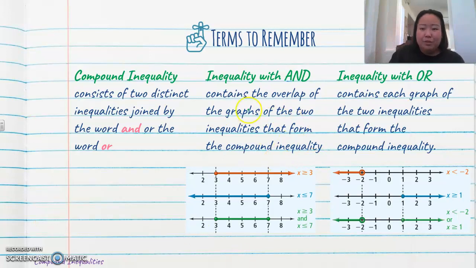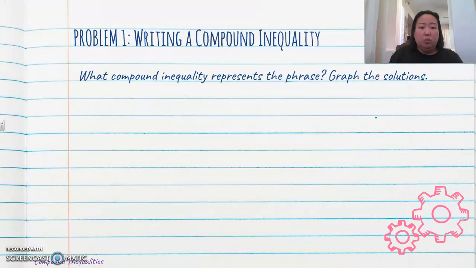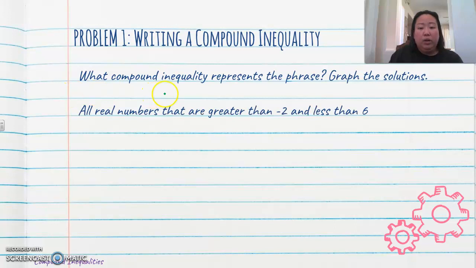Okay. So let's start with some example problems here. We will be writing the compound inequality that is represented by the phrase, and graphing the solution. So: all real numbers that are greater than -2 and less than 6.